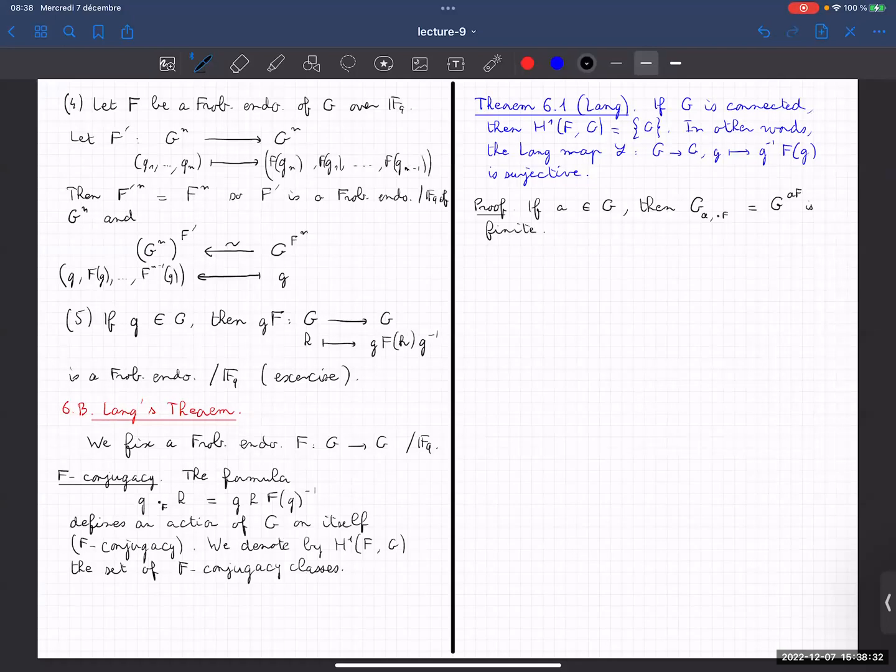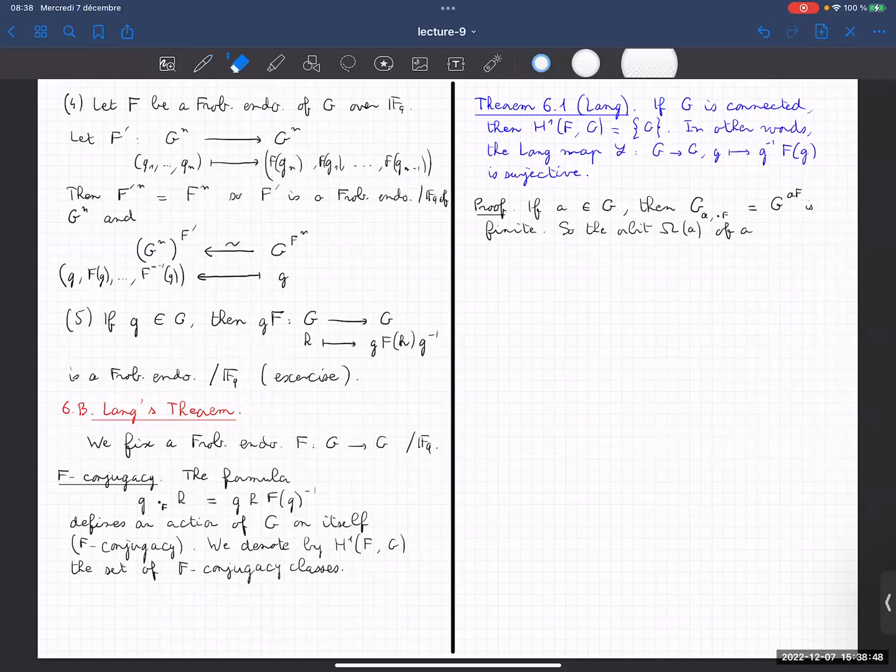So the orbit omega of A has a dimension equal to the dimension of G minus the dimension of the stabilizer.